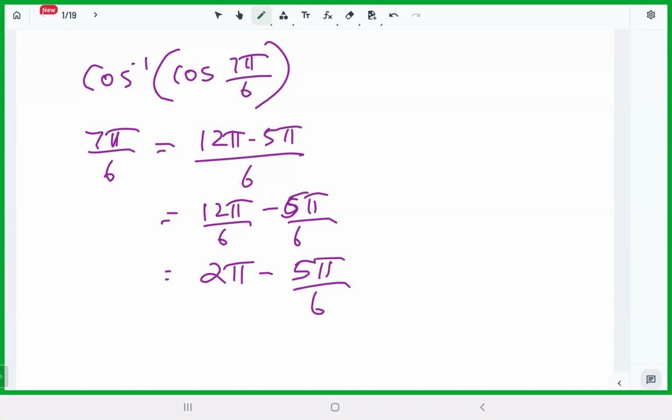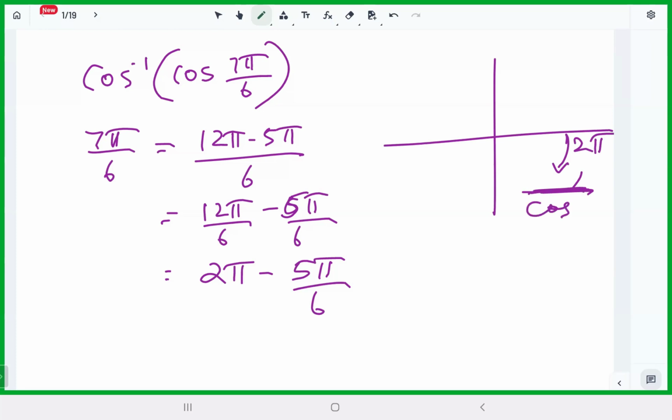Okay. So why did I take 2 pi? It is because when you consider the signs of functions, when you subtract an angle from 2 pi, it will come in the fourth quadrant, right? In the fourth quadrant, we know that cos is positive, right?